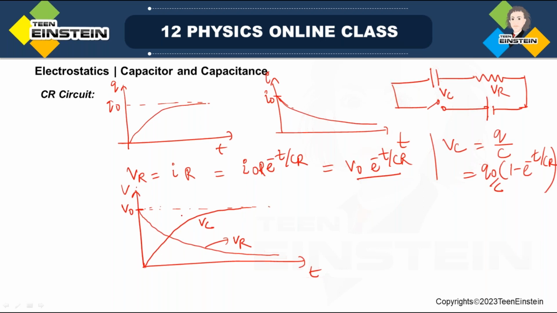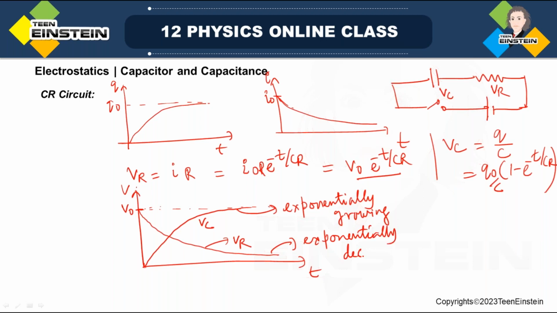VC is exponentially growing, but VR is exponentially decaying. So this is how the voltage across the capacitor and the resistor varies.